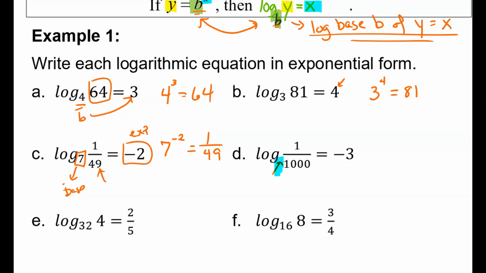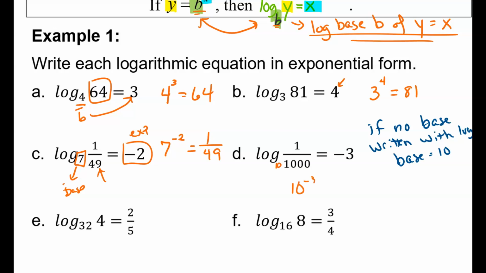So if no base is written with log, the base equals 10. So in this case, my friends, you could put a 10 there. And it's really 10 to the -3 equals 1 over 1,000.